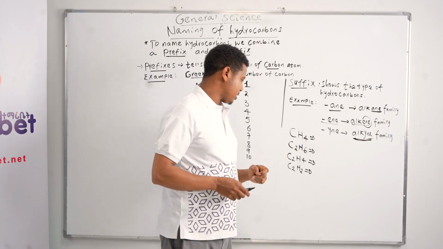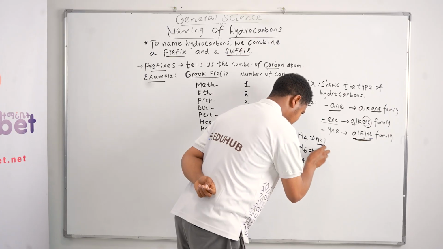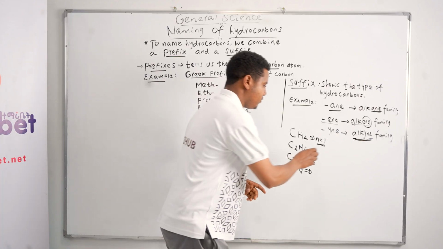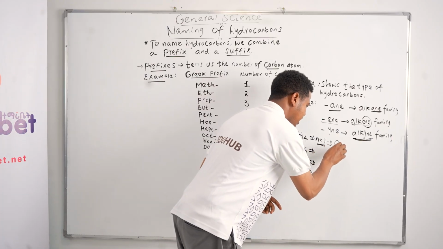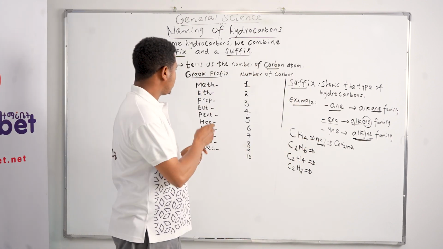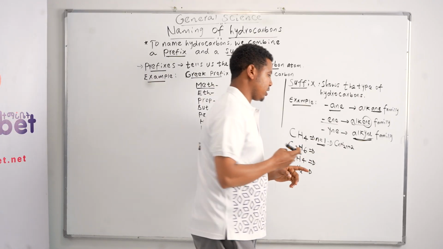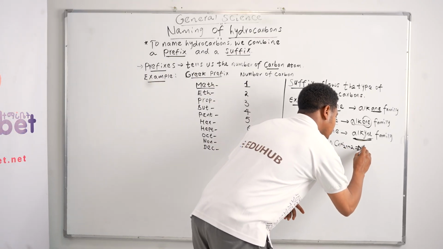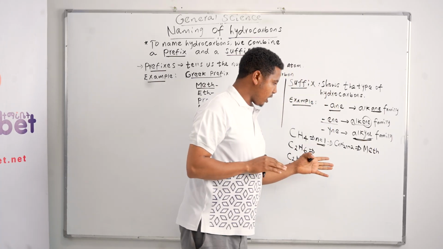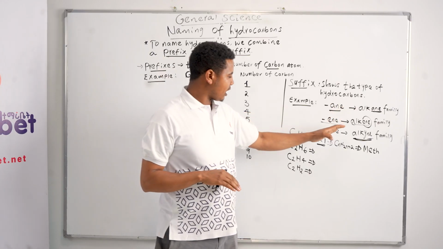The formula is given. Here it shows you the number of carbon atoms is 1 and hydrogen 4. Now this formula is derived from the CnH2n+2 formula. Since n is 1 here, you have to use the prefix Meth. And now the second thing we have to identify is whether it is alkane, alkene or alkyne.